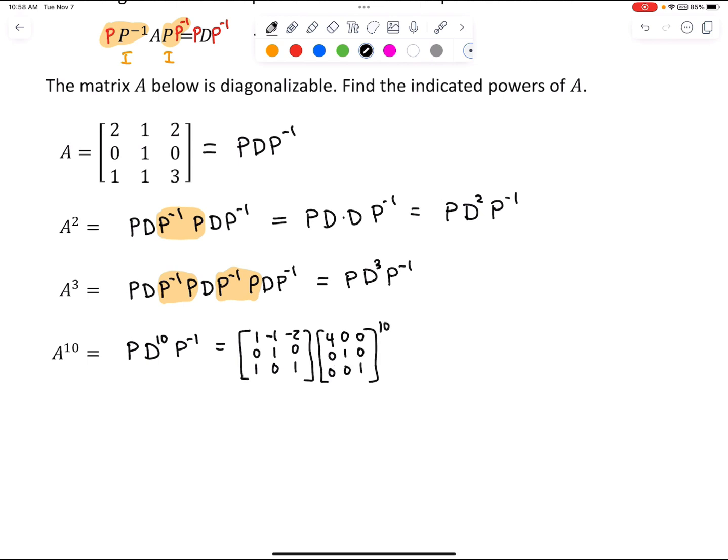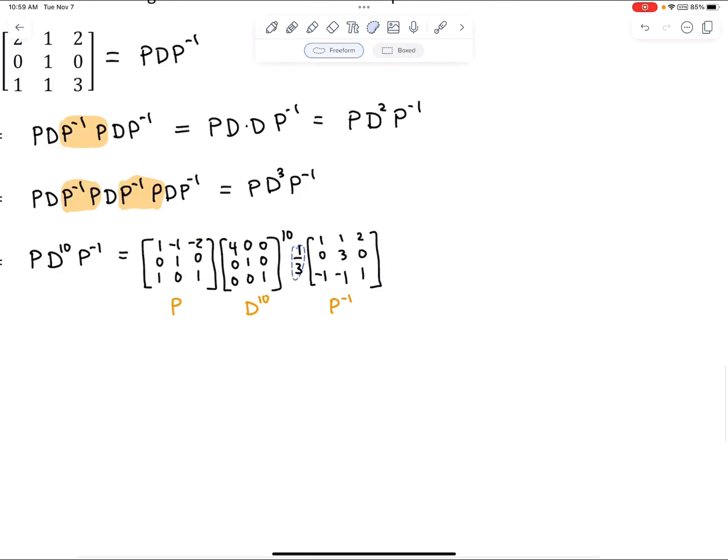And then the inverse of this matrix P was 1/3 of this matrix. Well, this 1/3, we can factor through all the matrices to the very front. It's convenient to leave the fractions off until the very end and do all your matrix calculations without fractions.